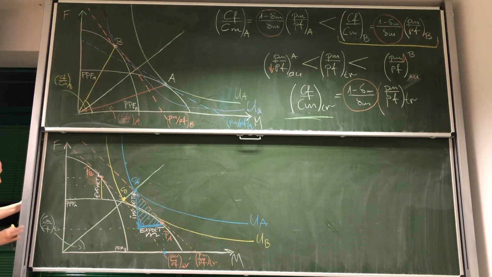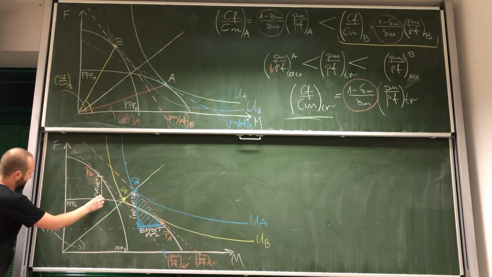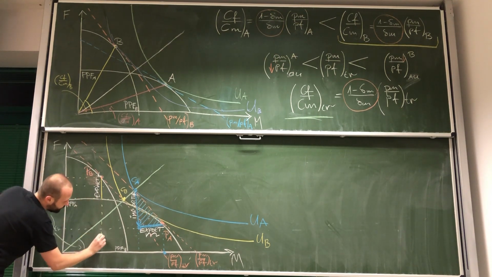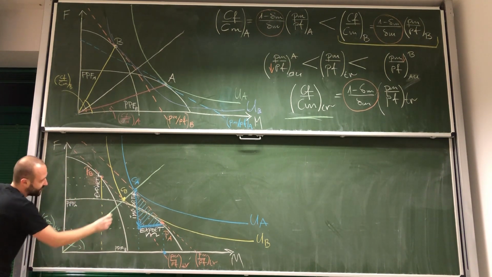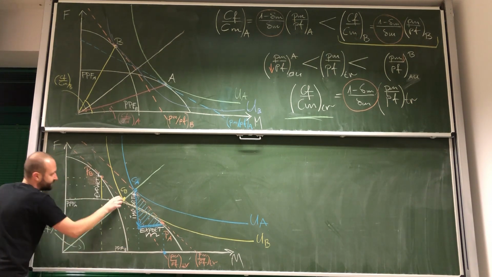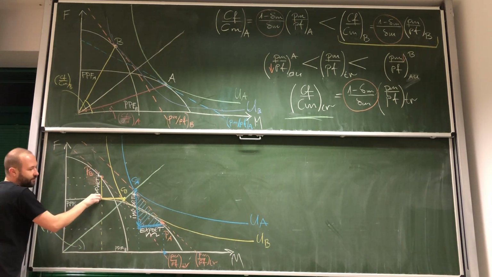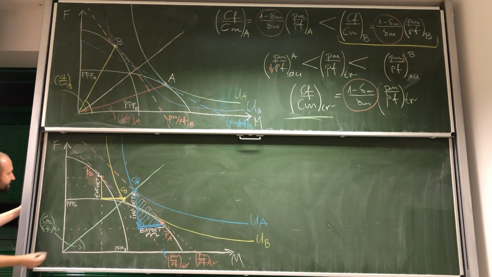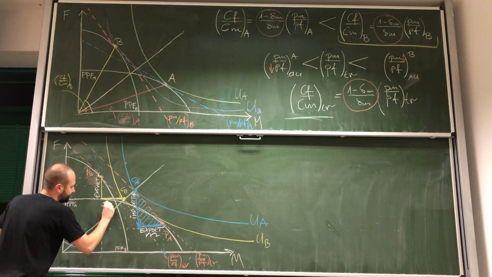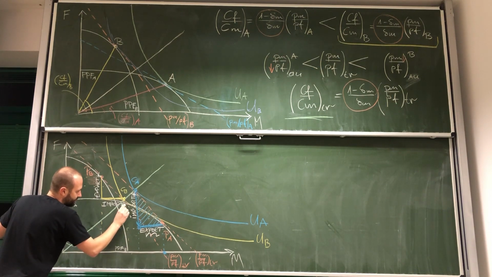Okay, and finally, our last conclusion is that, well, look, now Bolivia produces this much manufactures, but it consumes this much. So what do we need to have on this side? This is import of manufactures.